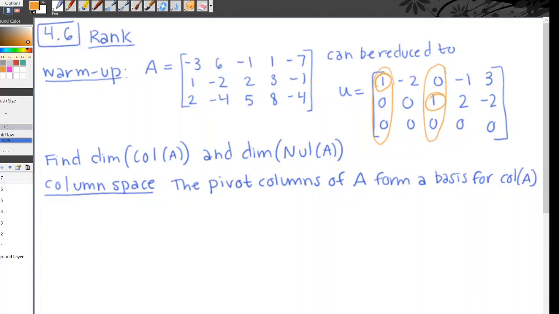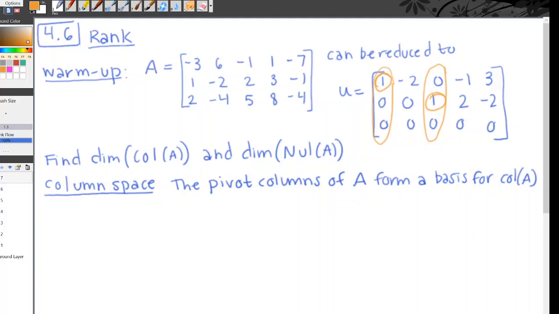So the reason that we can see that those are a basis for the column space of U, so right now we're just focusing on the echelon form matrix, is that they're really the only columns where any new information is added, right? If you look at the second column, it doesn't have anything new compared to the first column. It still only has an entry in the first position.